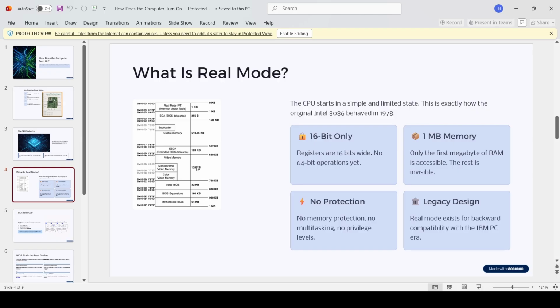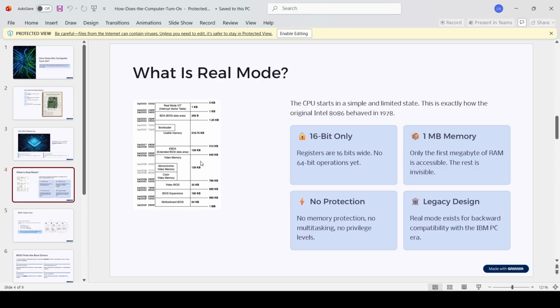You can see the video memory, color video memory, is used by the GPU. And after that, from C0000 to FFFFF, that is the top of the memory, that is used by the BIOS. Okay, so that's it for the real mode.